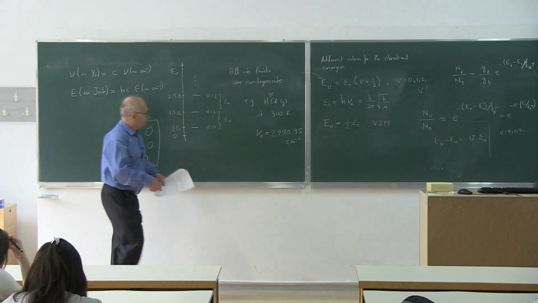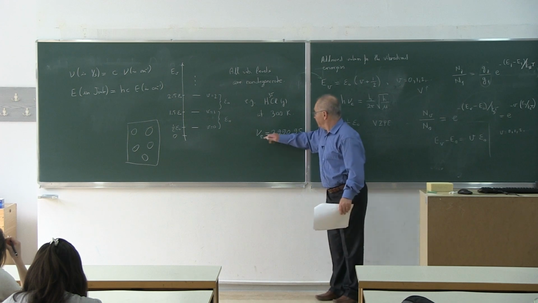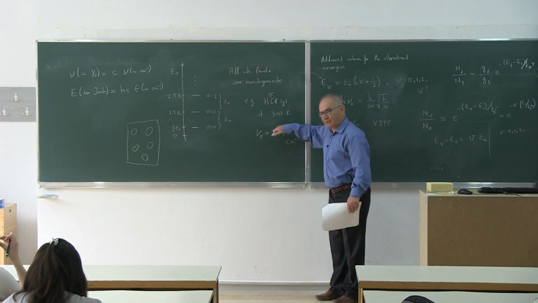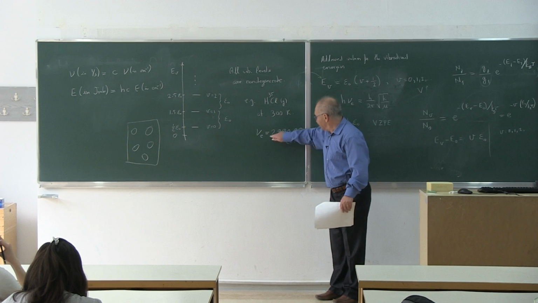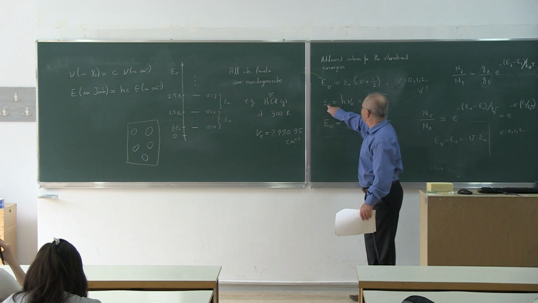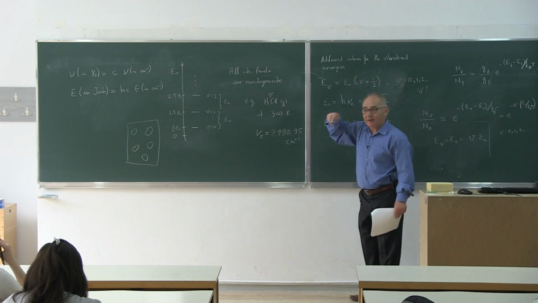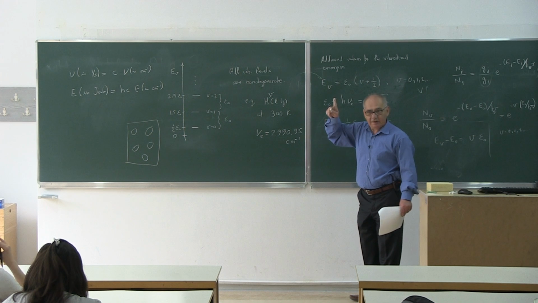In other words, this number here, which is given as frequency data, but the numerical value in wave number unit can be regarded directly the value of this energy, but in what unit? Wave number unit.